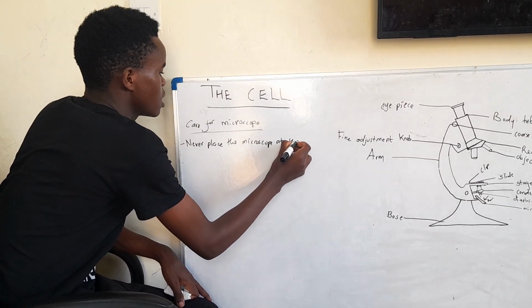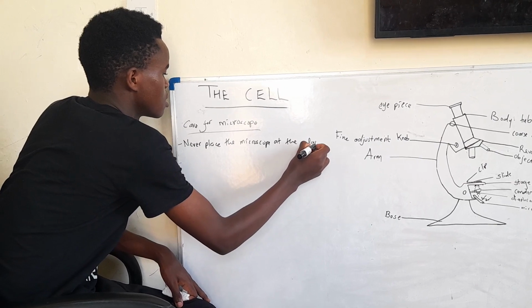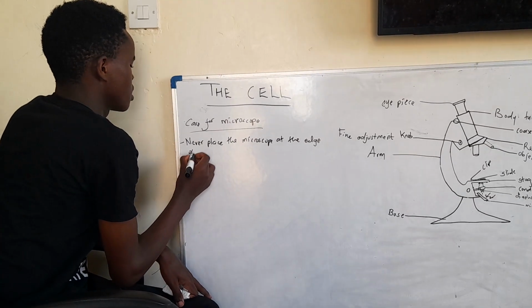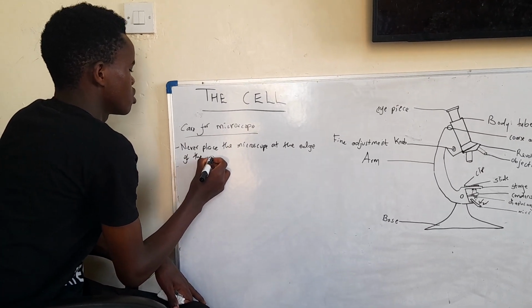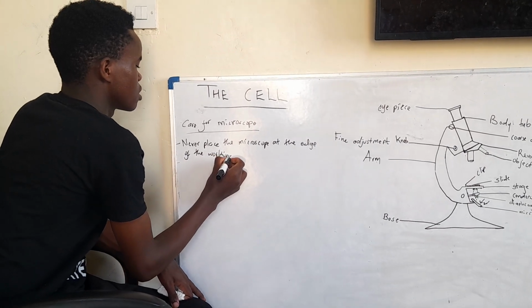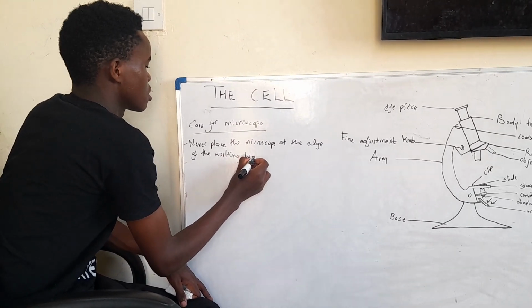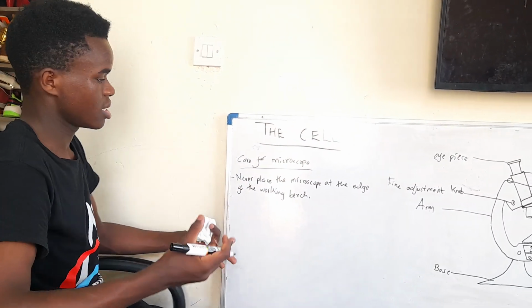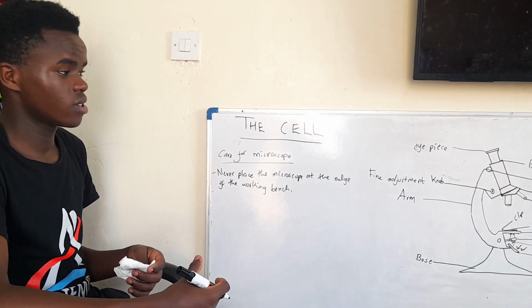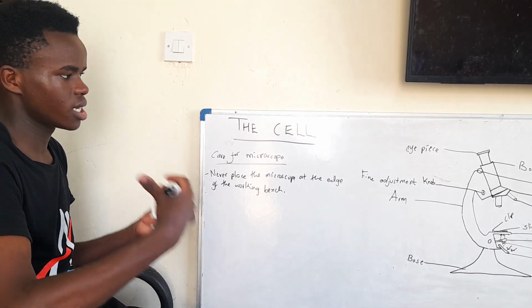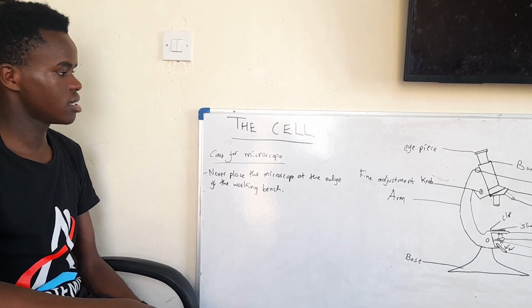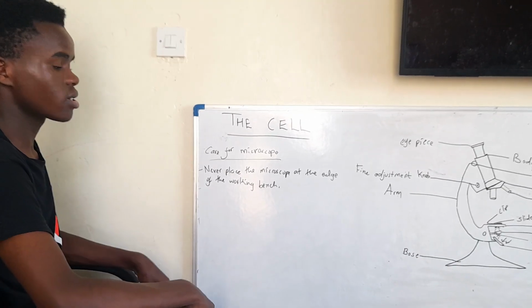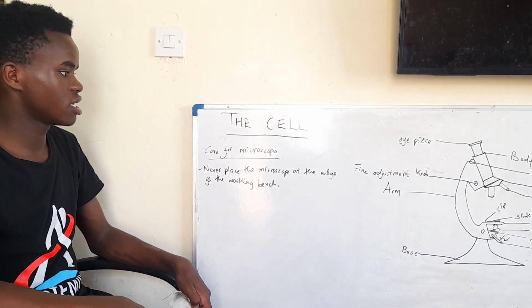Why? Because it may fall off, and after falling off, that's going to cause a huge amount of losses. So never place the microscope at the edge of the working bench.